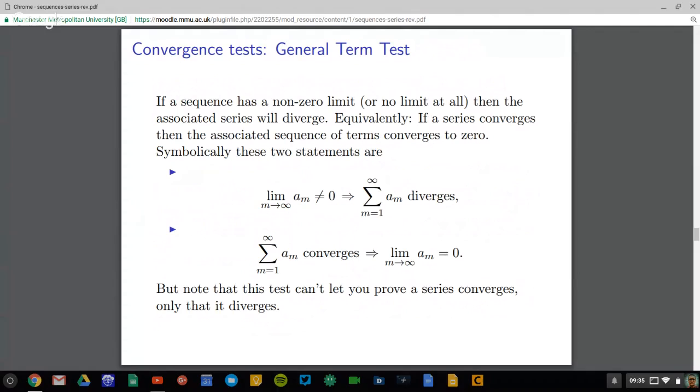The famous counterexample is the harmonic series, where the terms 1, 1/2, 1/3, 1/4 are converging to zero, but the series is not convergent. It's divergent. That's a counterexample to thinking that this implication might go the other way. The implication only goes one way. Any questions on that point?